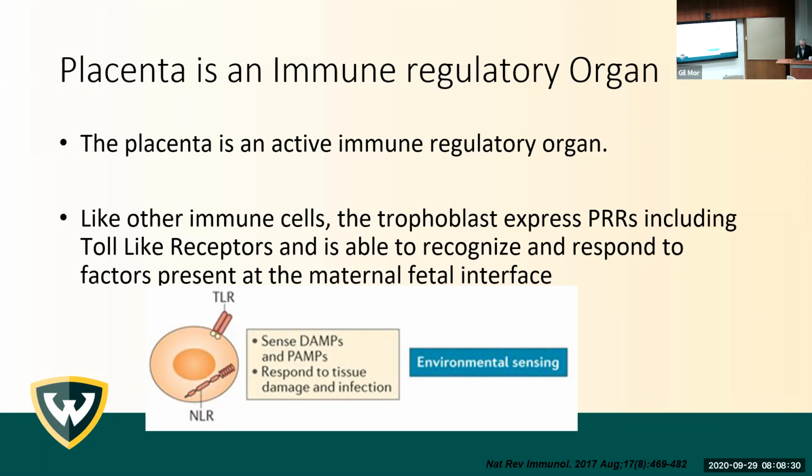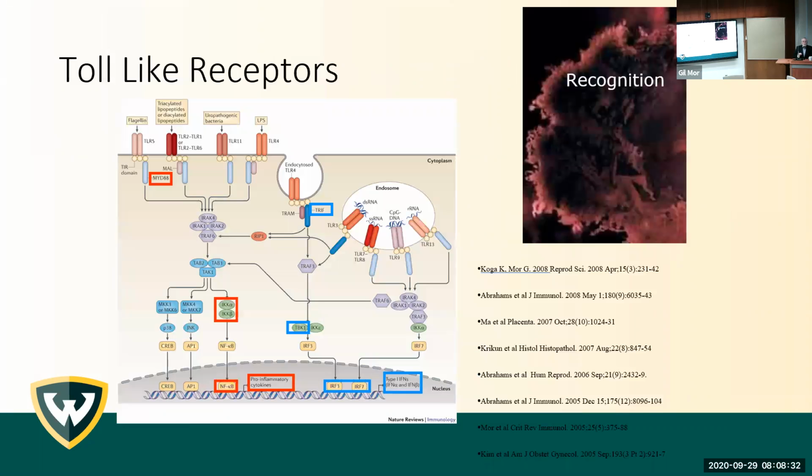adaptive immune system. As I mentioned, the placenta, the trophoblast more specifically, express all the toll-like receptors that we know, from 1 until 13, both in mice as well as in humans.